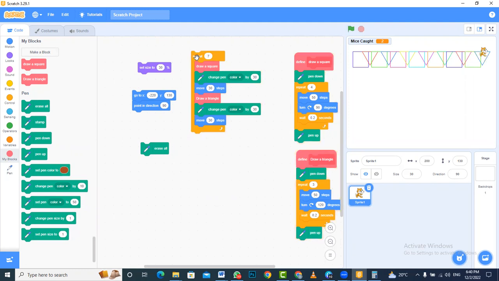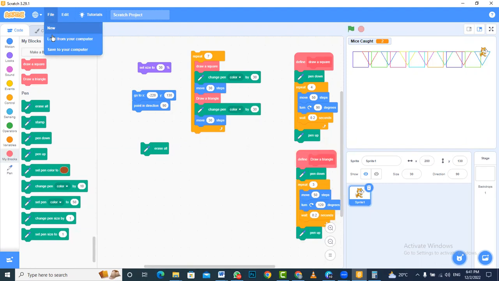How is it? Okay. Sir, looking good. Okay. So now we have learned to draw a triangle and a square using the define function tool.